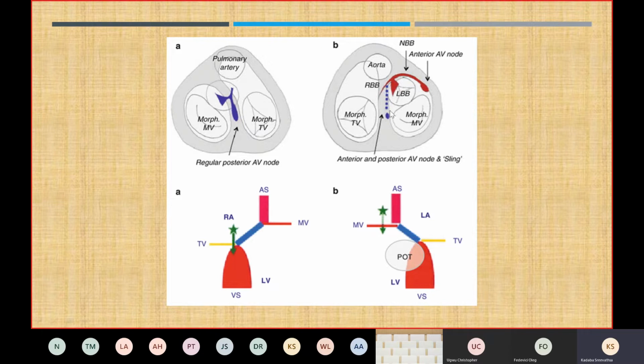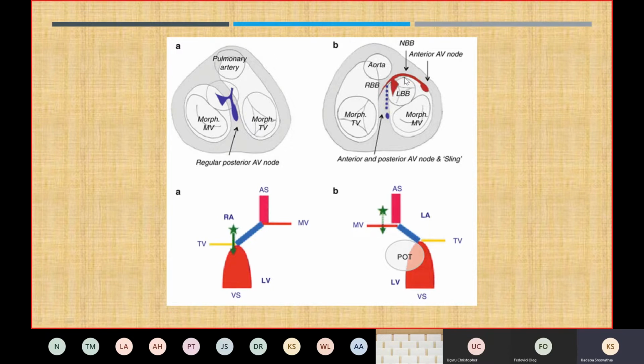and hence does not make a connection with the bundle. In case of ccTGA, there is always, or most of the time, an abnormal or a second AV node which is situated more anteriorly, and this anterior AV node is the one that gives off the bundle, which then goes and pierces the fibrous septum and continues as the bundle of His.